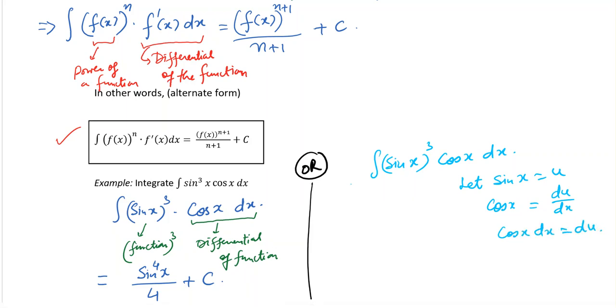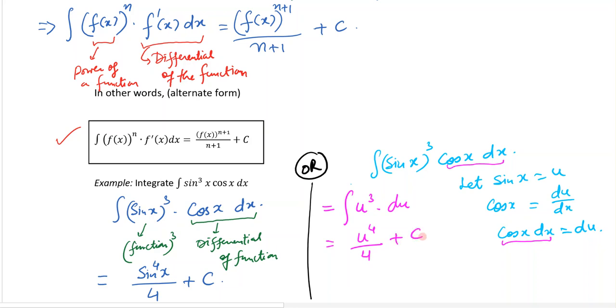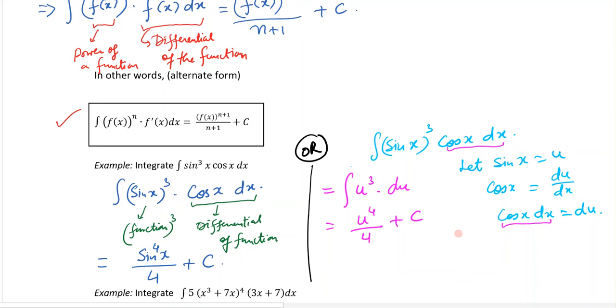Then we plug in this value in our function, so the new function becomes u cubed, and in place of cos x dx, we write du. Using the power rule, we increase the power by 1 and divide by the same new power, plus c. The last step is we plug back the value in terms of the original variable. So u is sine x, so sine raised to power 4 x over 4, plus c.